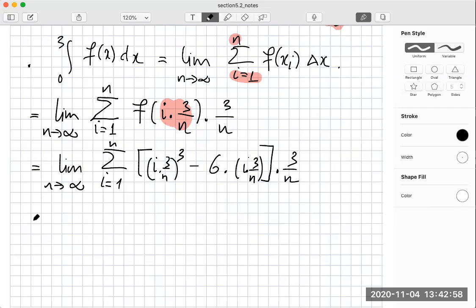Now, let us make it clear. Limit as n goes to infinity of the sigma from i equals 1 to n here. This is the power rule, right? Power of a product. So it means, what is it here?